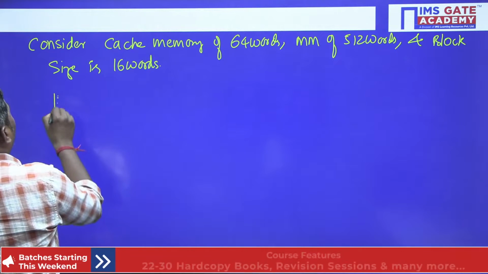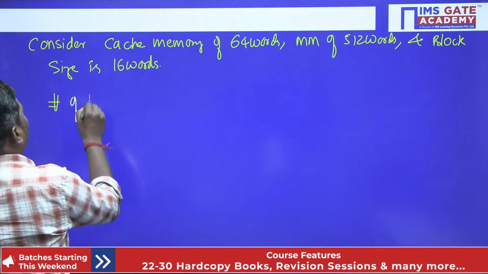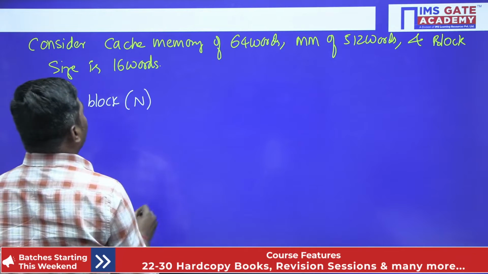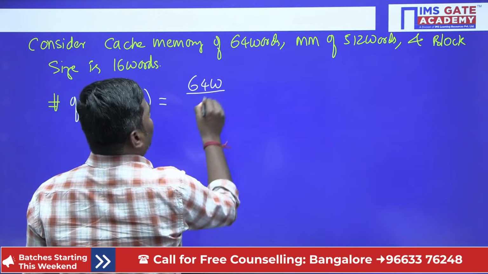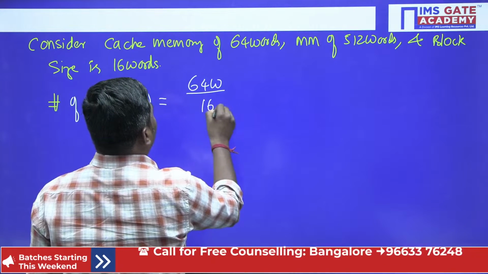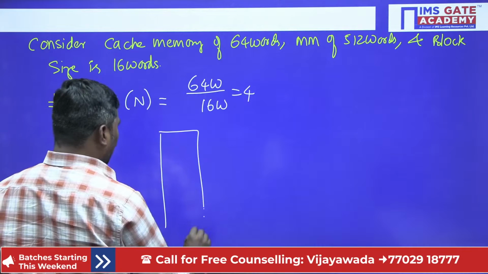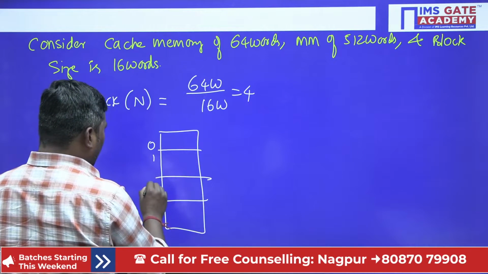Now if I ask the question, the number of blocks in cache memory, which I represent by n: cache size 64 words divided by block size 16 words gives 4 cache blocks, numbered 0, 1, 2, 3.